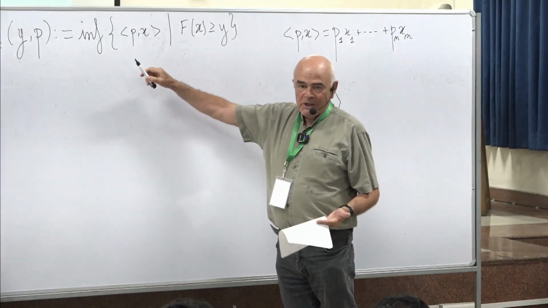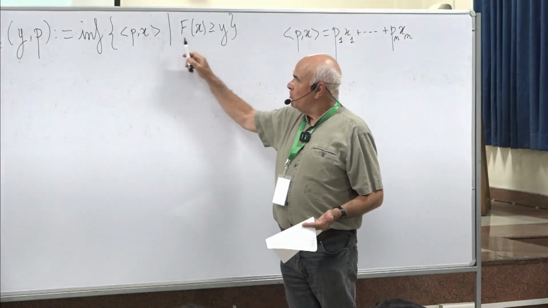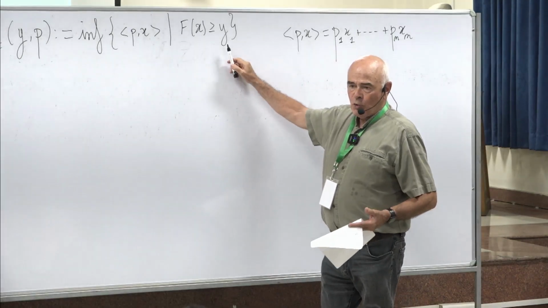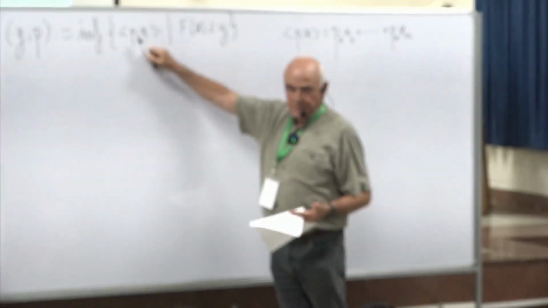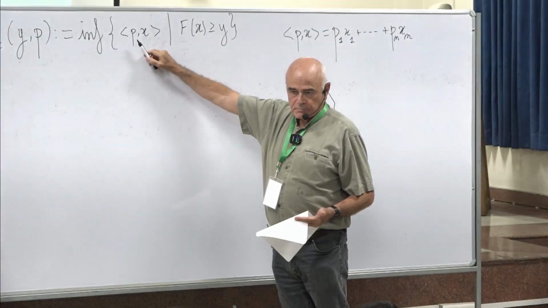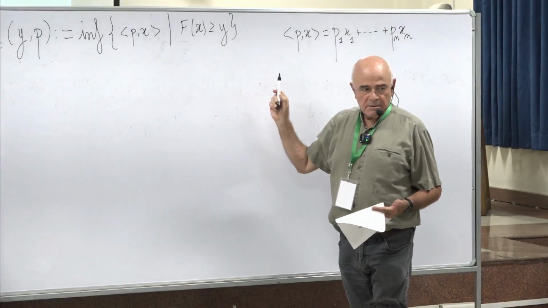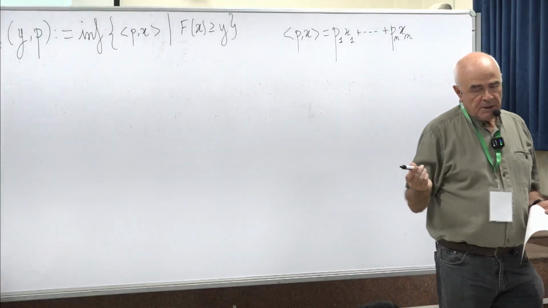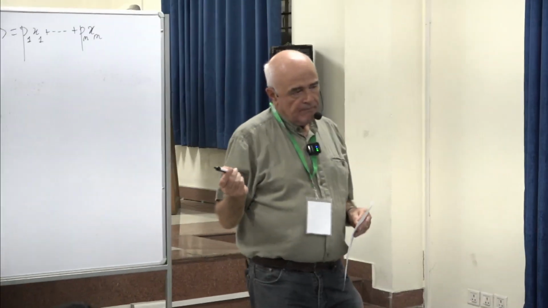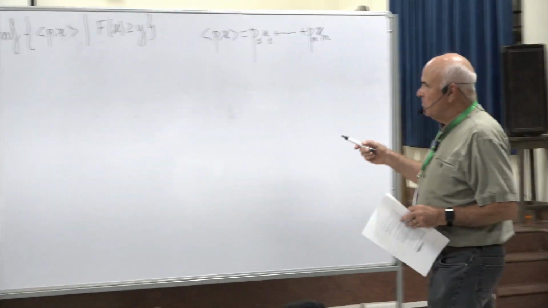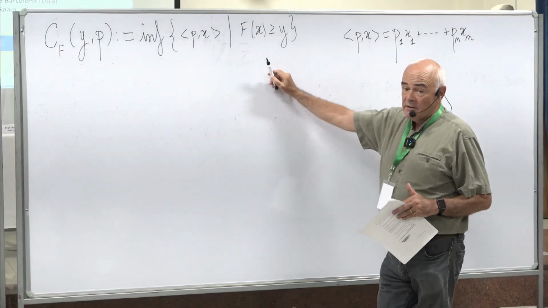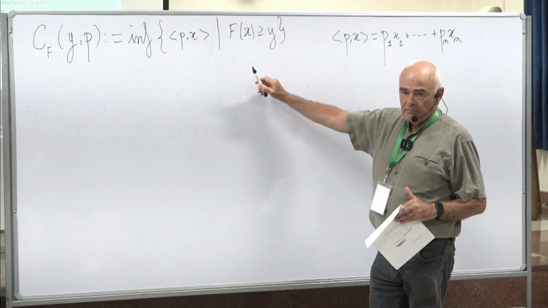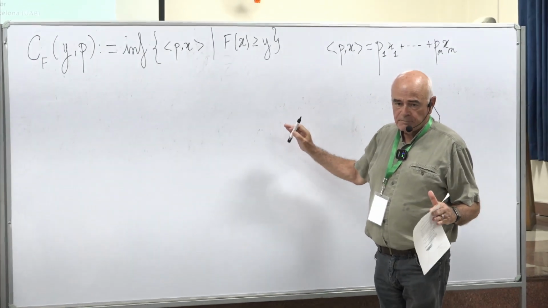So what is the smallest cost I have to pay to produce y or more under the prices represented by vector p? This is given by this expression. Do you agree? So we have to minimize the cost subject to the feasibility of y. Okay? That's the idea, very simple.